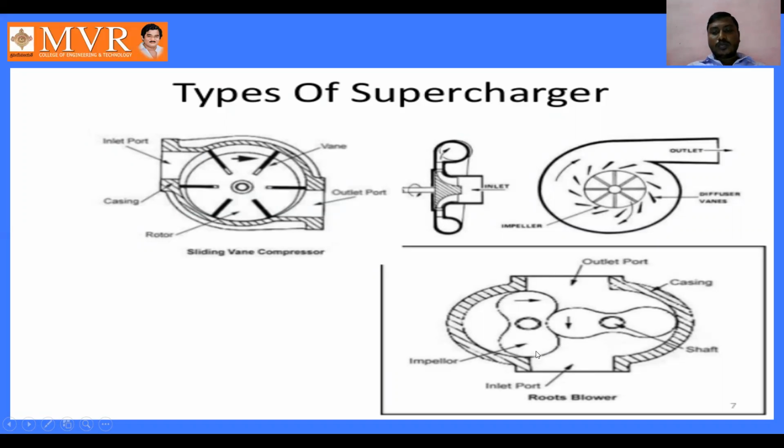Here also in the roots blower, the air enters the roots blower, and in between the lobes of the impeller and the casing, the air is compressed, giving high pressure and high temperature, and is sent out by the outlet port into the atmosphere.